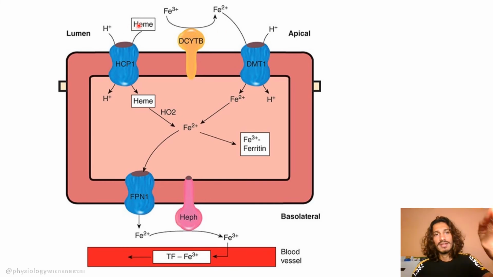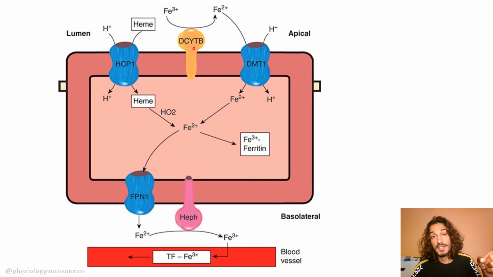Heme comes in along with a hydrogen symporter, and inside, heme is destroyed and Fe2 plus is released. Or you have Fe3 plus, which is the non-heme iron source.